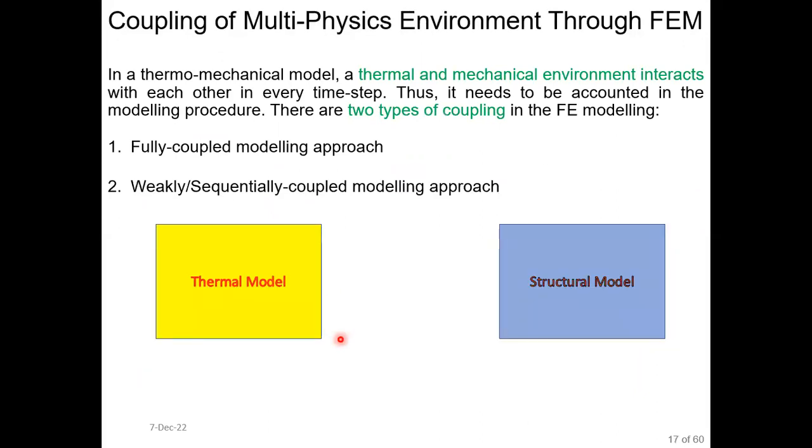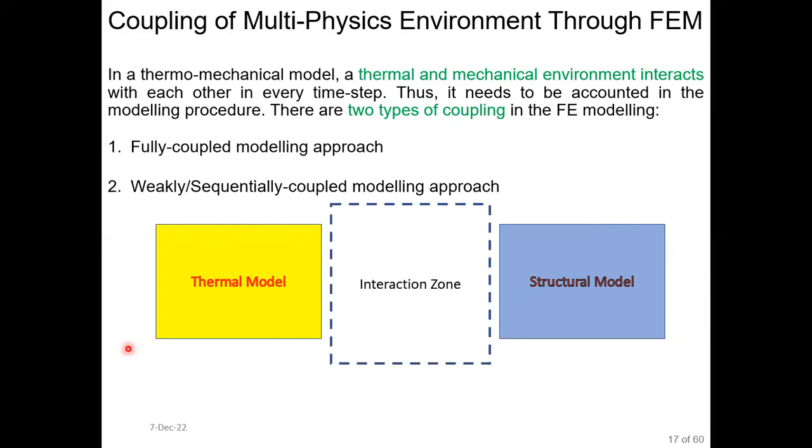So this model is basically a thermomechanical model. Two different types of physical phenomena are happening simultaneously, thermal as well as mechanical. So in any FEM software, we must couple them to capture an accurate transient temperature profile as well as residual stress distribution. In FEM software, we have two different types of couplings.